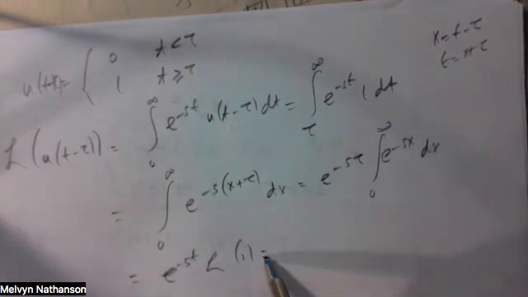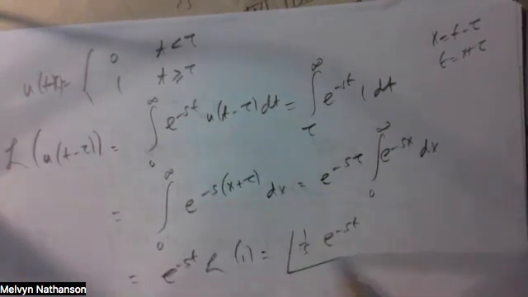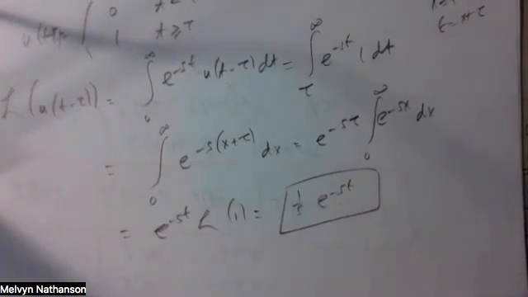This is e to the minus s tau times the Laplace transform of 1, which is 1 over s. So this is just 1 over s, e to the minus s tau. So that very nice expression is the Laplace transform of u.